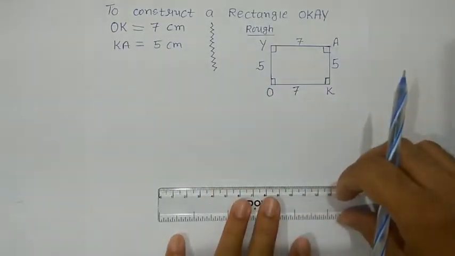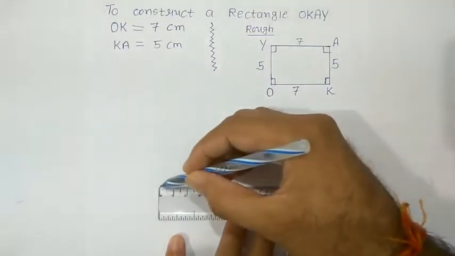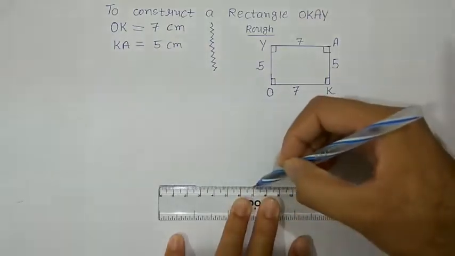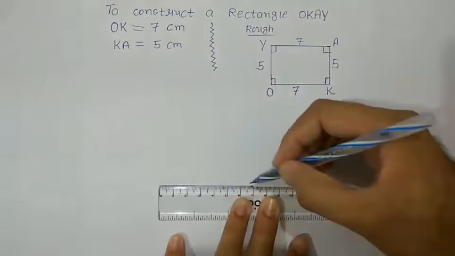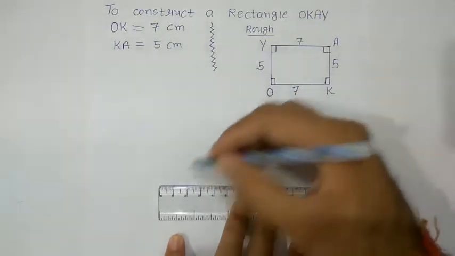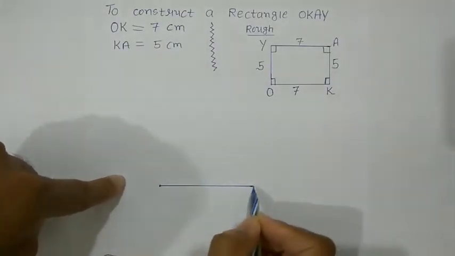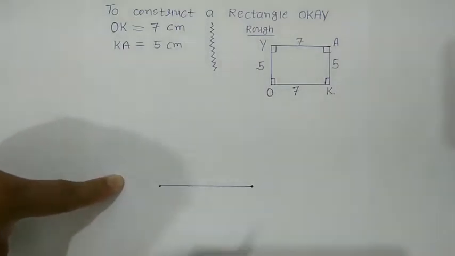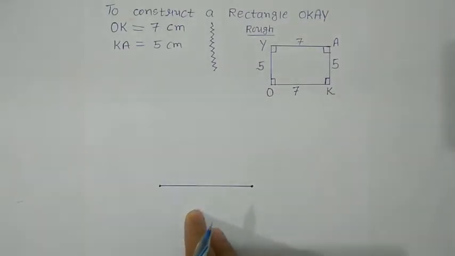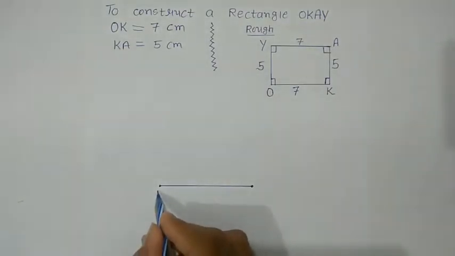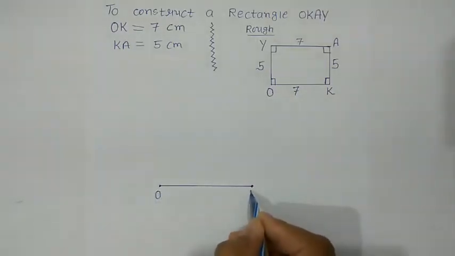If this is our 0, from here we have to draw a line up to 7 centimeter. So these 2 points we get here. This is the first point, this is the second point. This point represents O and the second one is K.